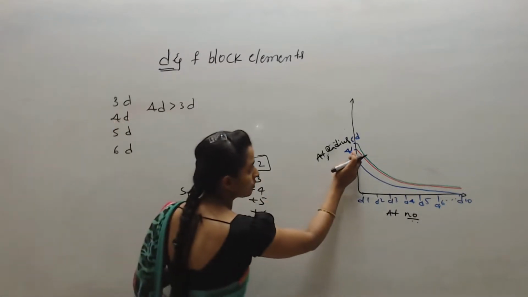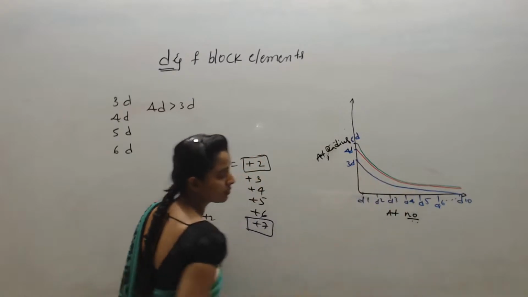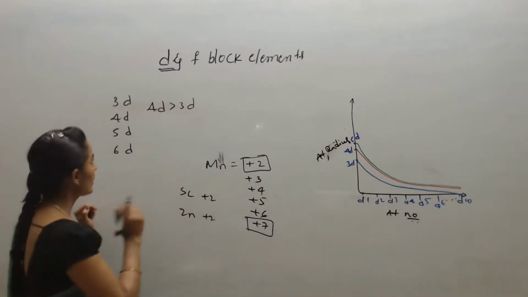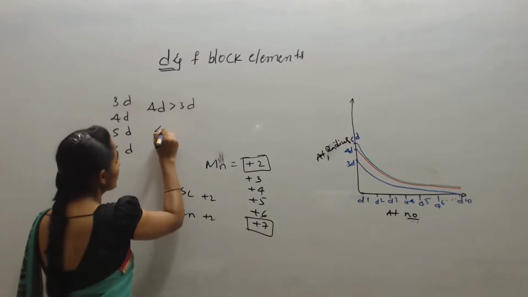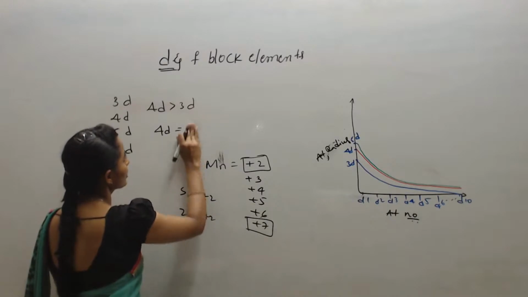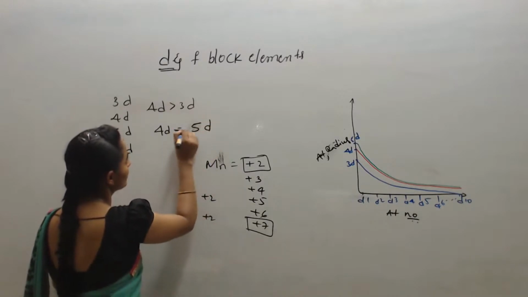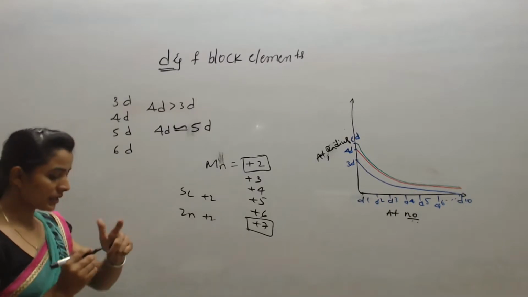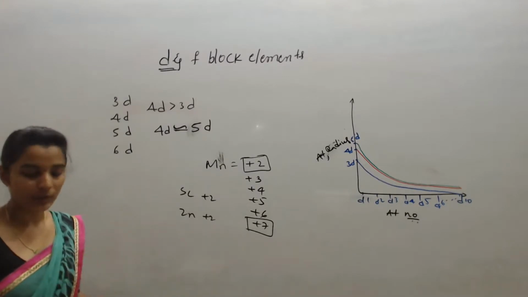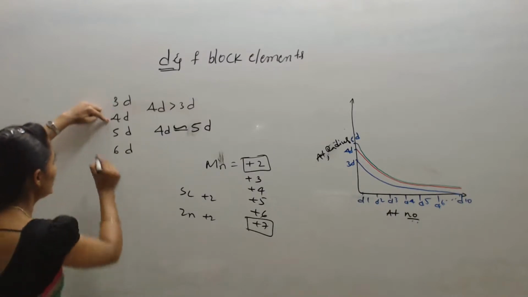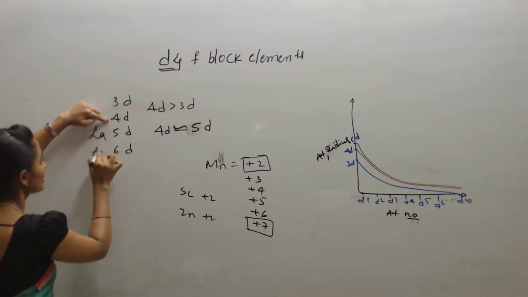As I told you here, students, the 5D and 4D series show almost similar size. Almost. So why? Because listen, this 4D series and 5D series are approximately equal. Why are both the series approximately equal? So listen, after this 3D, 4D, here lanthanides and actinides will come.